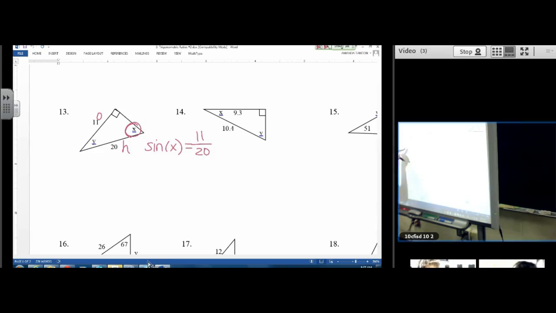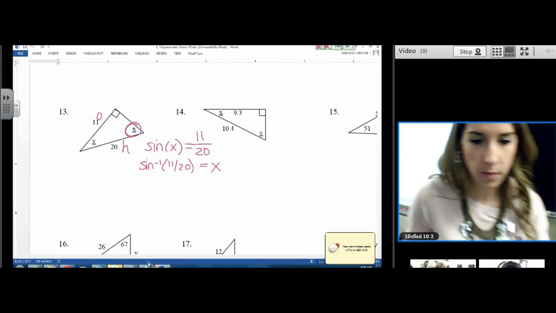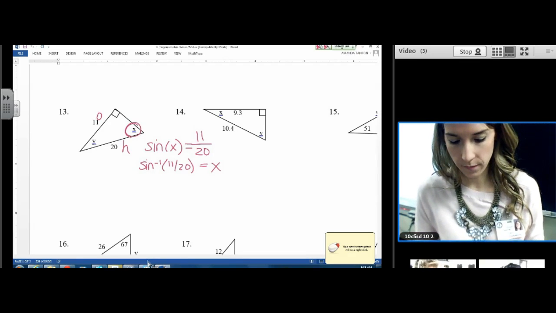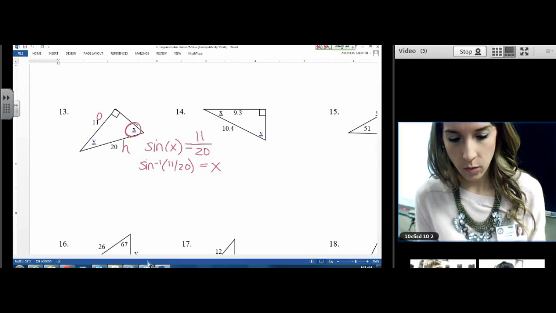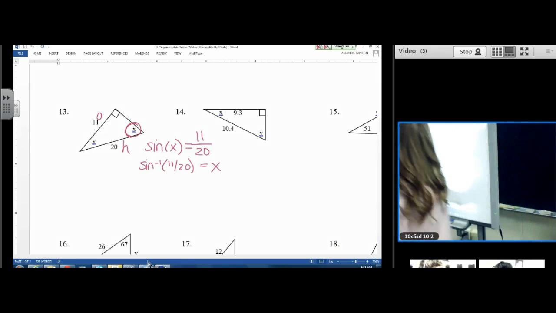How do you solve for x? How do you undo sine? Well, you do inverse sine. Inverse sine of 11 over 20, and that equals x. And then because it's an angle, we're going to round to the nearest whole number. So if we do inverse sine, 11 divided by 20, we get 33 degrees.